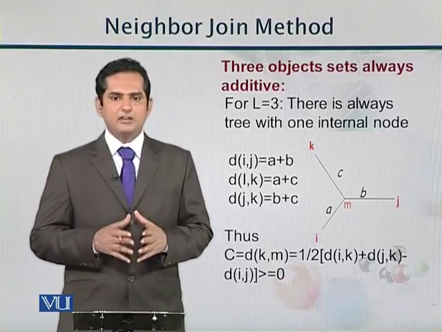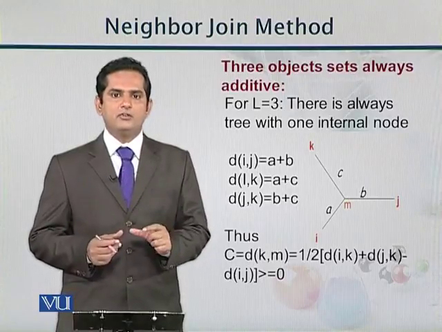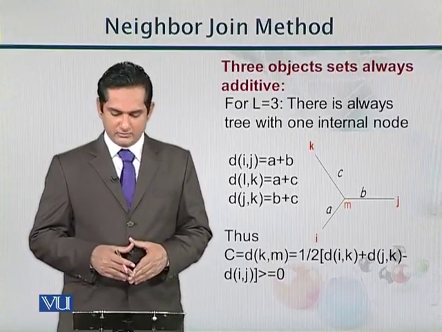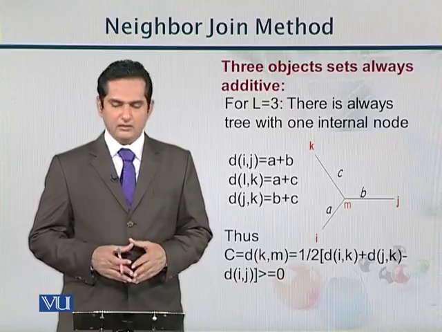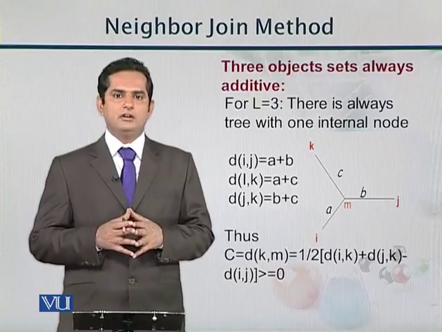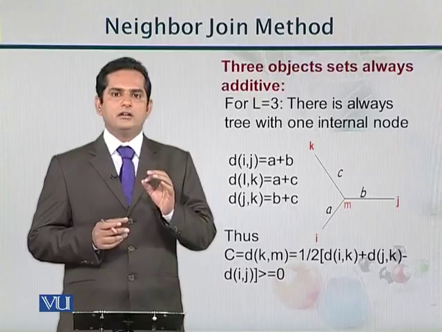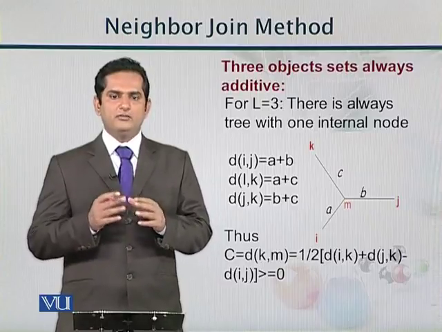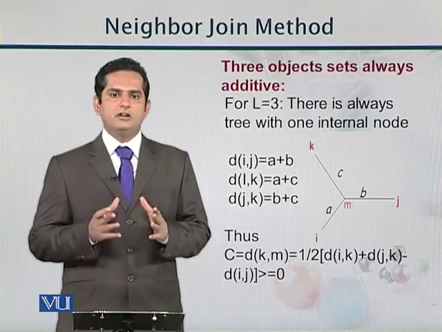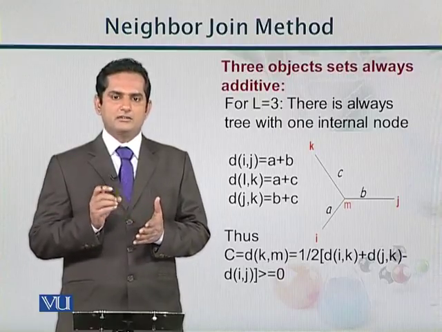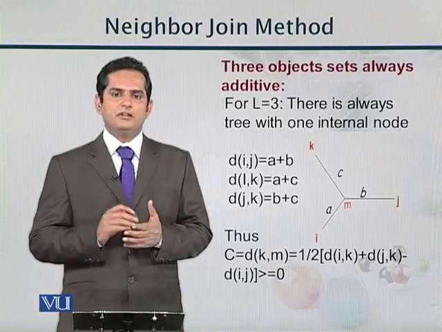And finally, the distance between k and m, which are our two internal nodes, would be half of the distance ik plus jk minus ij, and it would be greater than or equal to 0. So for additive information, what is our conclusion? We are getting information on internal nodes based on the terminal nodes, and we get half of the sum of the first two distances minus the third distance.